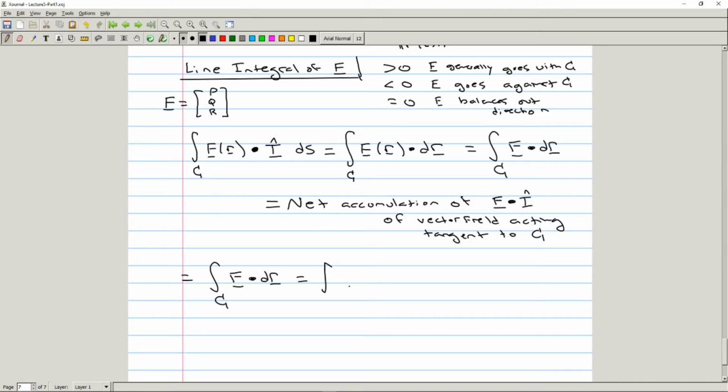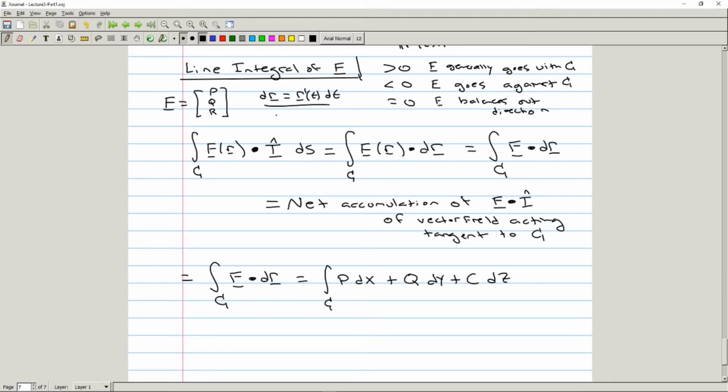You could write this as the line integral over C of P dx plus Q dy plus R dz, where you remember that dr we'll write as r prime of t dt.